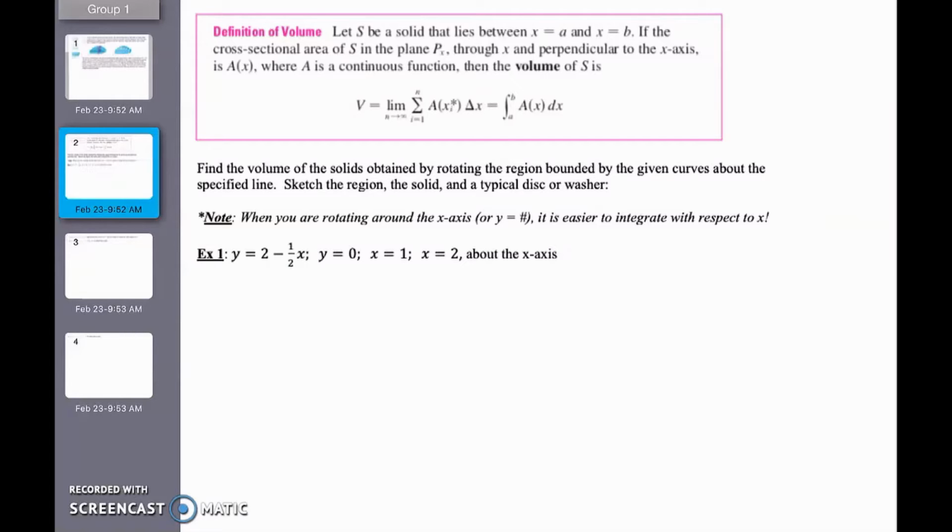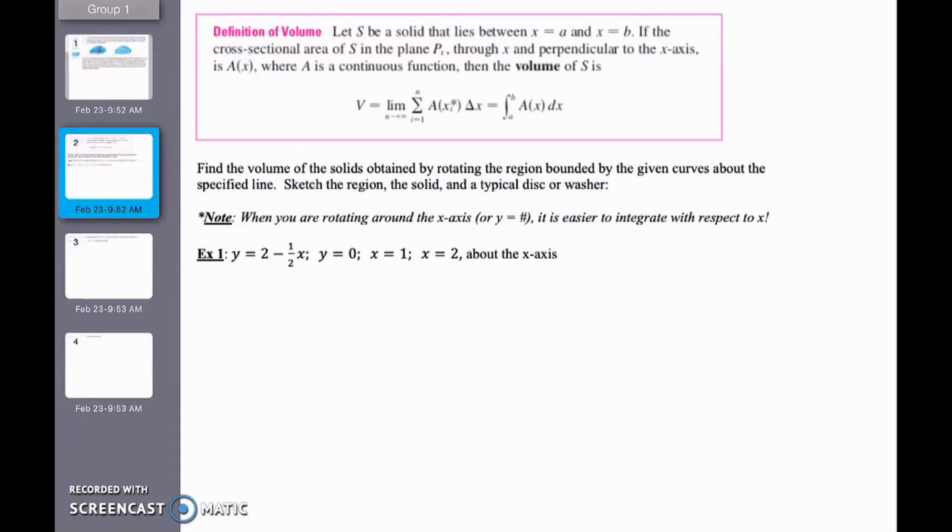Because area of the base times the height would give us volume. And this translates for us in calculus as the integral from a to b of the area of a cross-sectional slab times the height of the slab.